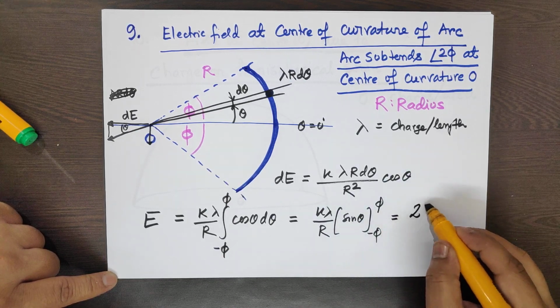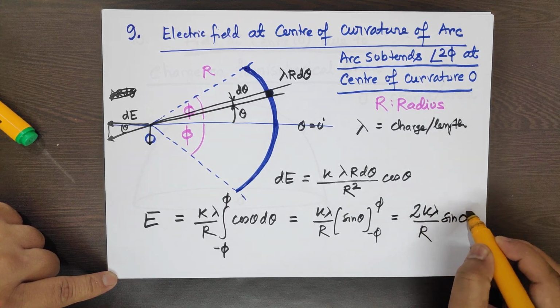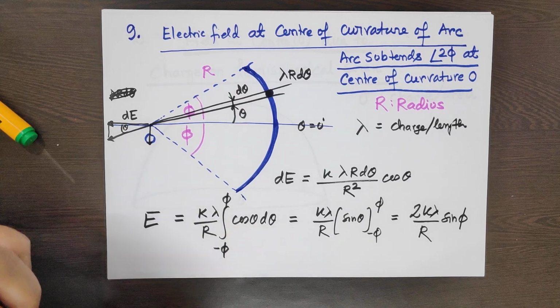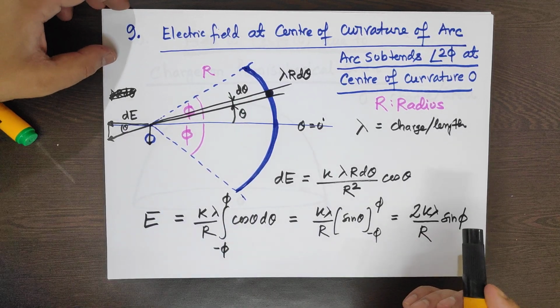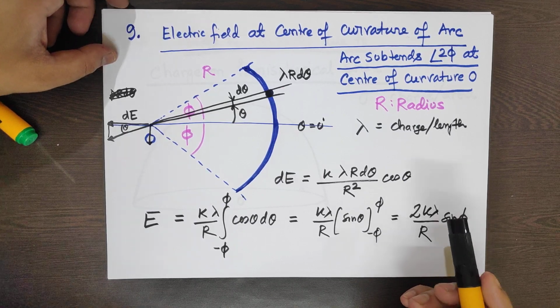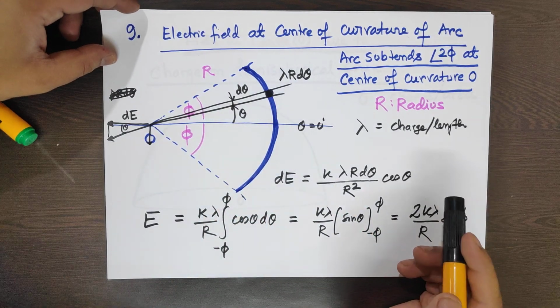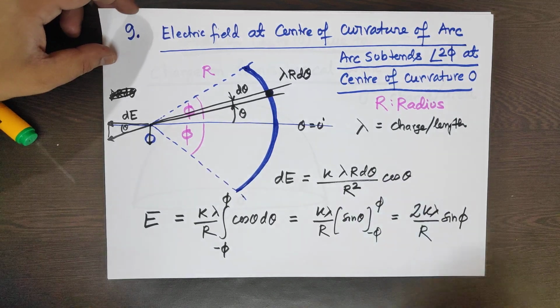So, that will be 2k lambda by r sin phi. So, at the center of curvature of a semicircle, phi will be having value pi by 2, because the total angle subtended at O will be pi or 180 degree.